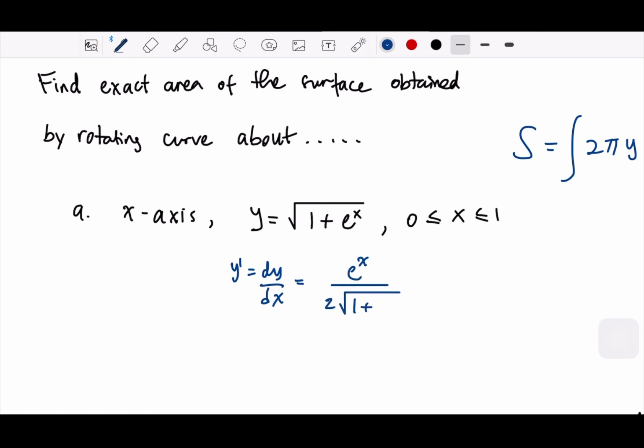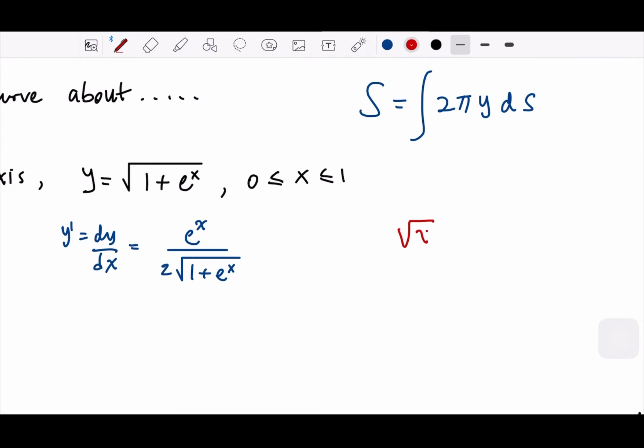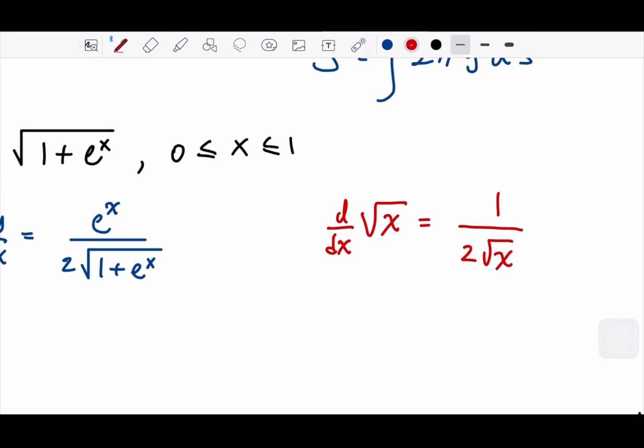do you feel this is too fast if I write it directly? Okay, let me give you a tip. If you have the square root of x and you want to differentiate this, it becomes this. Now, if you remember the chain rule, if I make this 4x, this will be 4.